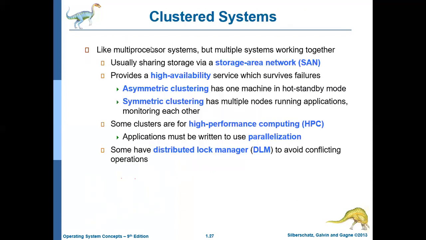And then we have discussed the clustered system. In a clustered system, more than one PC will be interconnected to form a cluster, and it will run a special operating system called a cluster operating system. Mainly we go for a clustered system to achieve something called high availability. That is, even if one of the nodes fails, the system will continue to survive. There are two types of clustering: asymmetric and symmetric. In asymmetric clustering, one of the nodes will always be in standby mode.